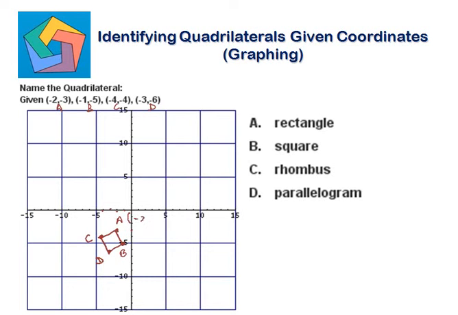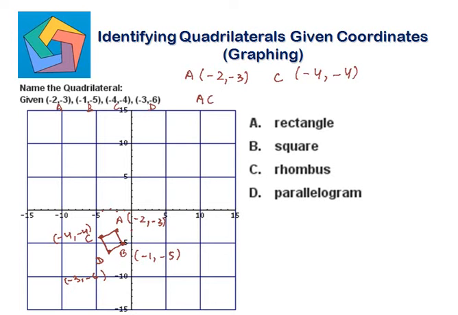A is -2, -3. B is -1, -5. D is -3, -6. C is -4, -4. So let us find the length of AC. A is -2, -3 and C is -4, -4.